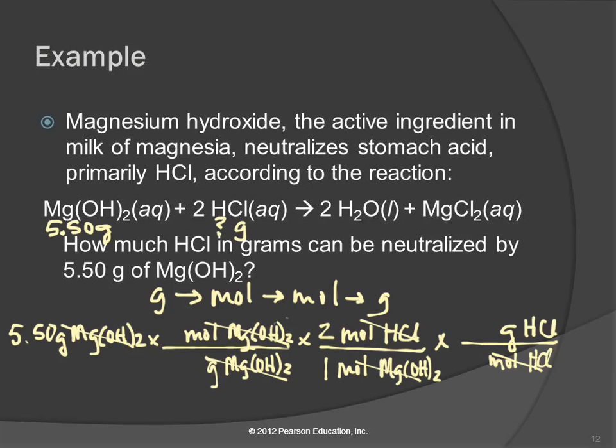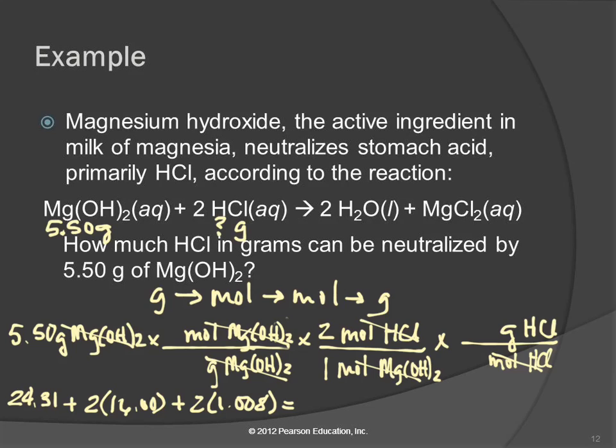So we need the molar mass of magnesium hydroxide: 24.31 plus 2 times oxygen plus 2 times hydrogen.